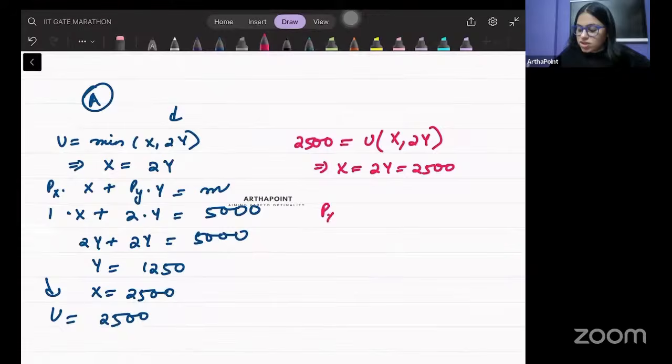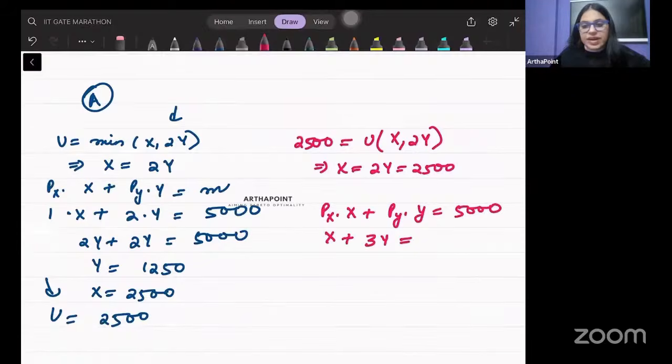So my new budget line will be Px into X plus Py into Y is equal to income. So X plus 3Y, price is 3 now, is equal to income. Beta X ka value is 2500. No, not 5,000. Income I don't know. That is what I have to calculate. Sorry.